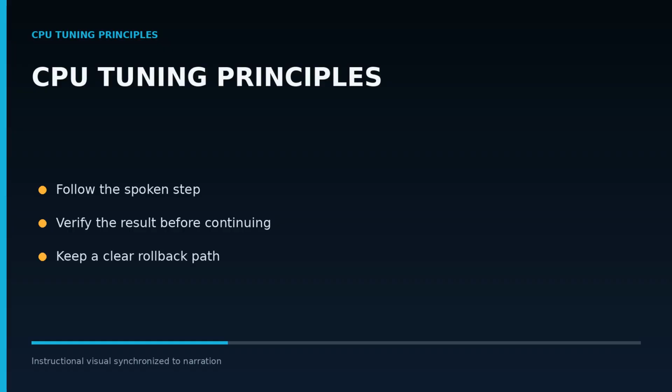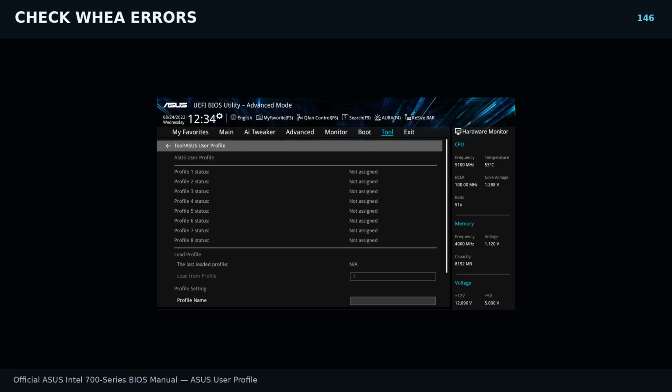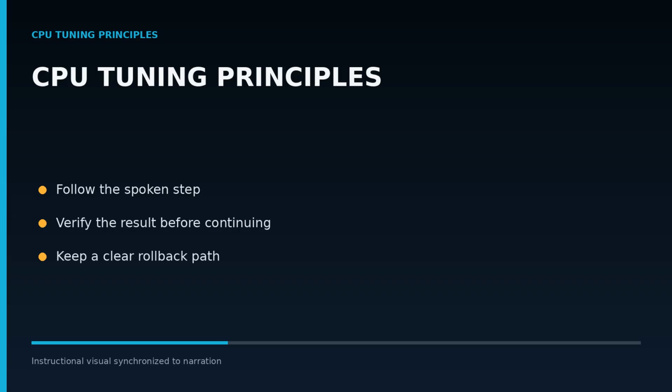If you are approaching 90 to 95 degrees Celsius in sustained loads, accept that as your practical ceiling. Backing down 100 to 200 MHz for daily reliability is often the smart play. Watch for WHEA errors in Windows, for application crashes, and for any sign of throttling, and save your known good states as UEFI profiles so you can always revert within seconds.